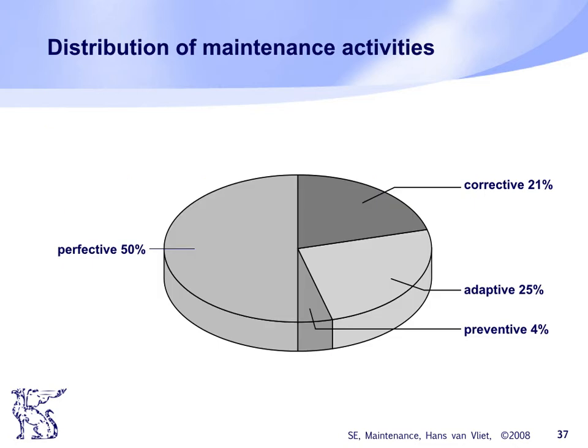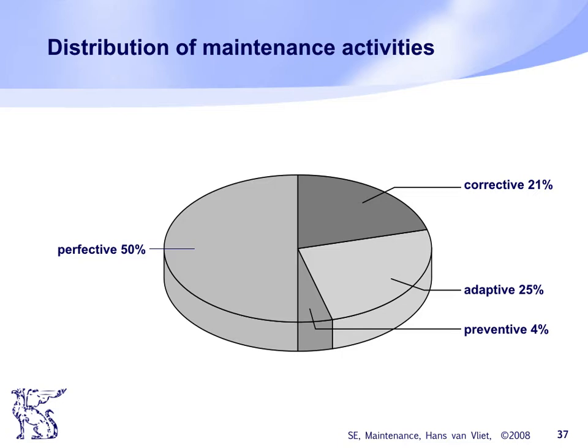So this graph is actually showing the distribution of maintenance activities. What we usually think about real maintenance, when we hear the term, is that it's related with correcting errors, right? But see, correcting errors concerns only 20% of the total cost. Actually, half of the maintenance effort concerns changes to accommodate changing user needs.